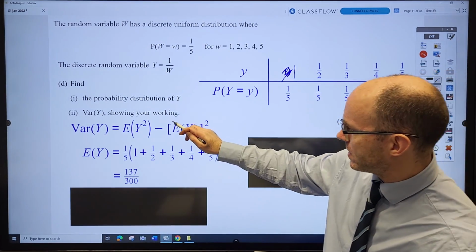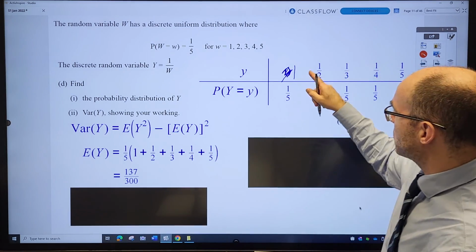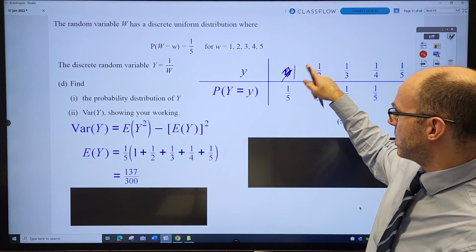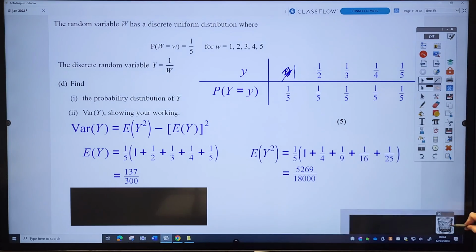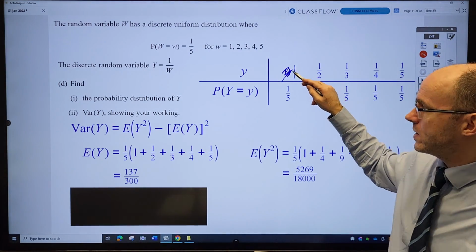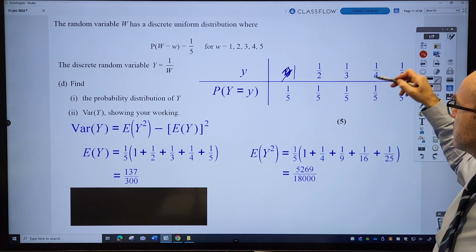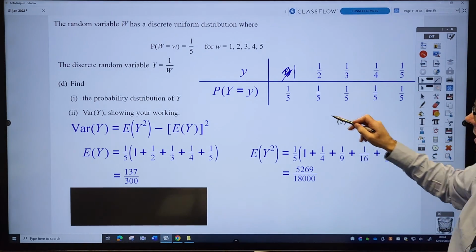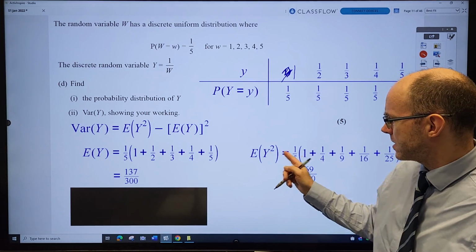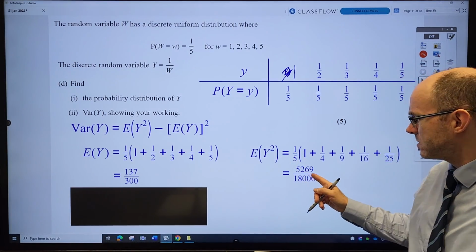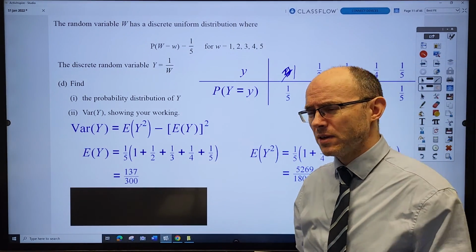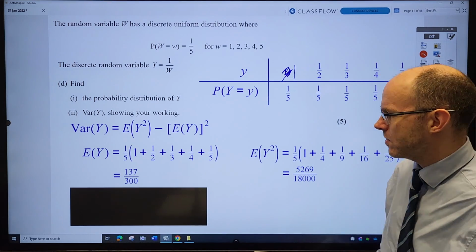So for this one, E of Y squared, you want to square these values first and then multiply by the probabilities. Okay, so you end up with this. So 1 squared times a fifth, half squared, which is a quarter, third squared, which is a ninth, a 16th, 1/25. Again, all multiplied by a fifth, so just take the fifth outside the brackets, and you get this. Not particularly nice fractions, but there you go, the fractions nonetheless.